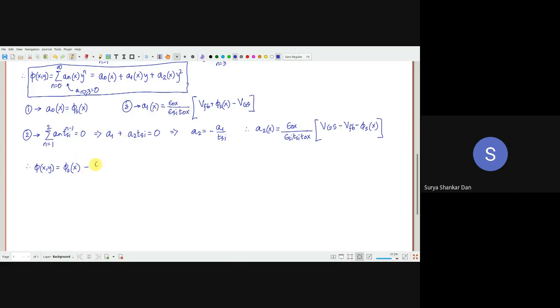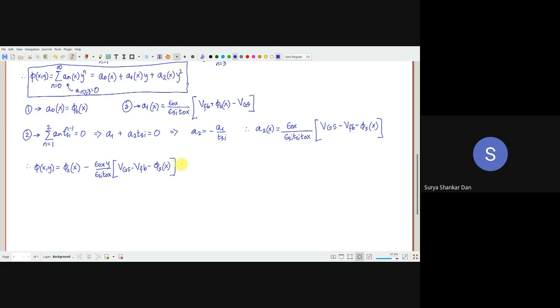So it means epsilon ox y by epsilon si tox. What will be in the bracket? I have taken a minus here, right? So VGS minus VFB minus phi s of x, into, there is one a2 y square, right?